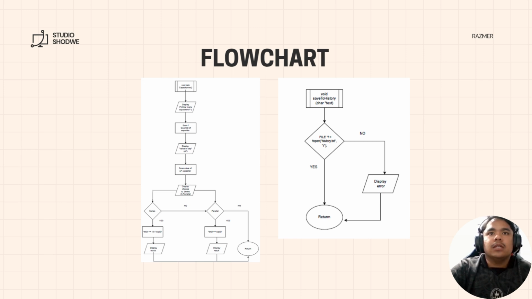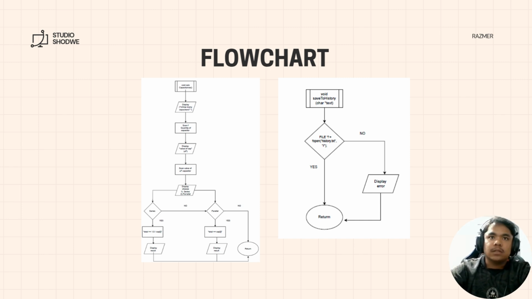If the user chooses parallel connection, the capacitance is calculated using C1 plus C2 and so on. Once the calculation is done, the program displays the total result and ends the function by returning control.